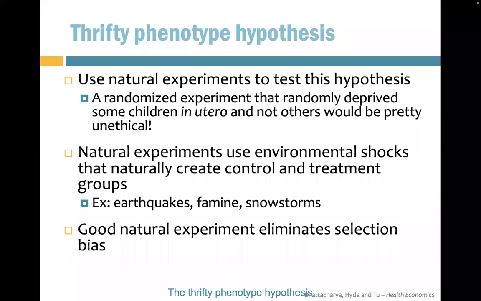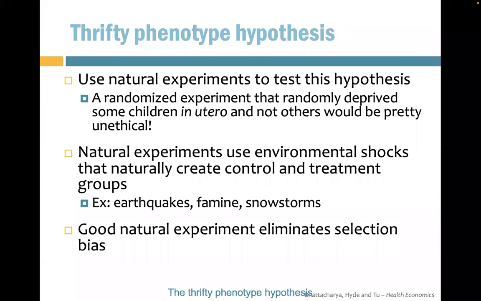We're going to talk about selection bias in the future. It's very important, because if some people are capable of avoiding natural disasters, for example, then if we compare these people with the people who are unable to avoid them, we're not comparing apple to apple.